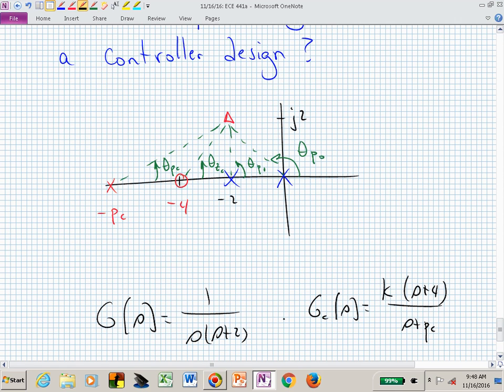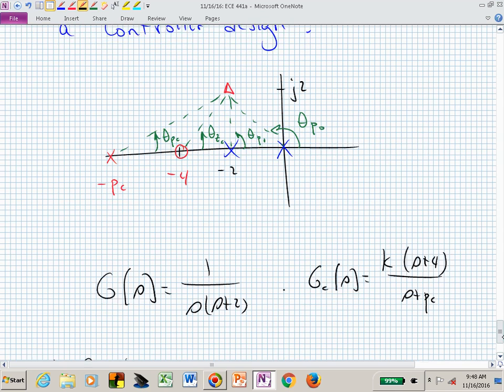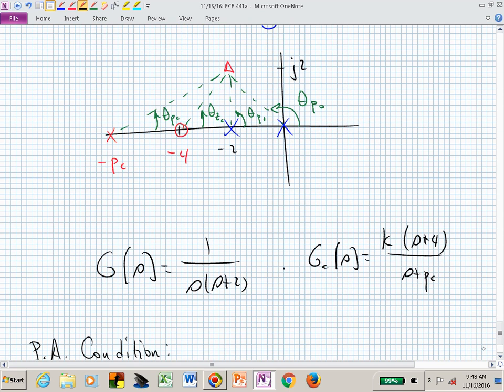From the design specs. The triangle comes to you from the design specifications, or on an exam it might just be handed to you. Or if you need to stabilize a system, you may have the choice of picking that triangle. Design specs like percent overshoot, settling time, and peak time might suggest a triangle location. In this case, I'm just saying assume that's where we want our closed loop poles.